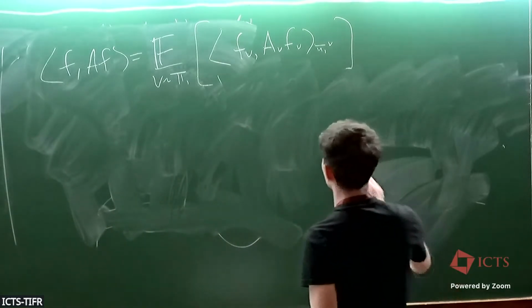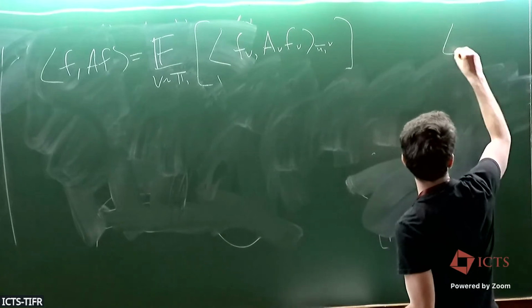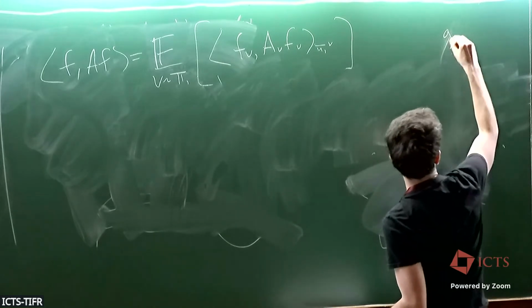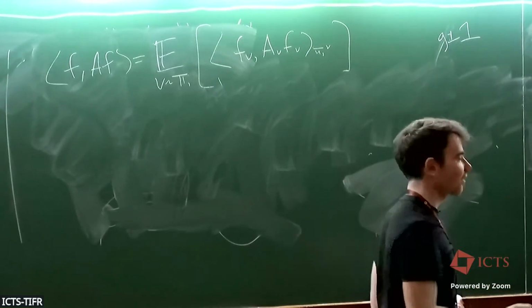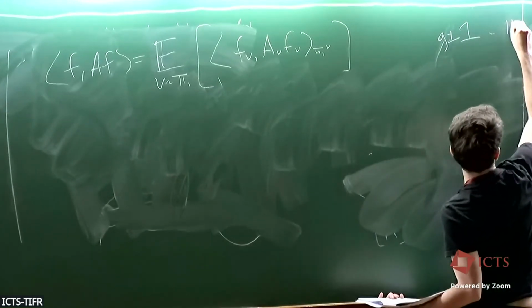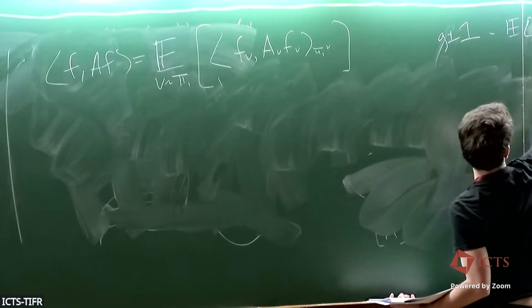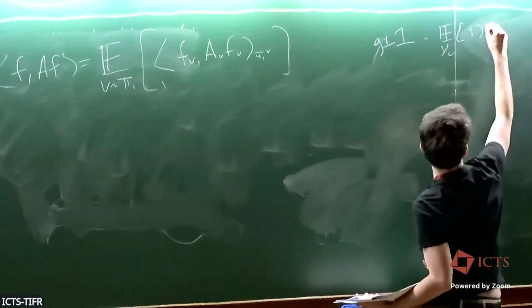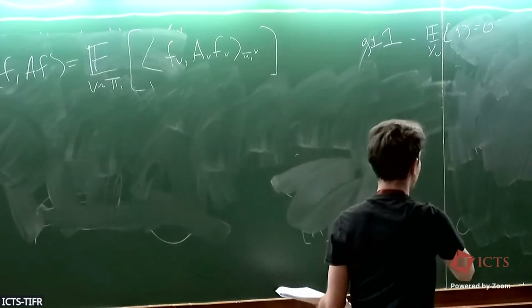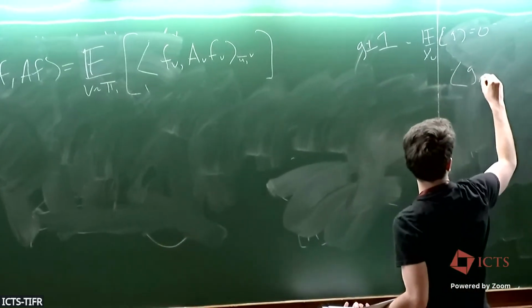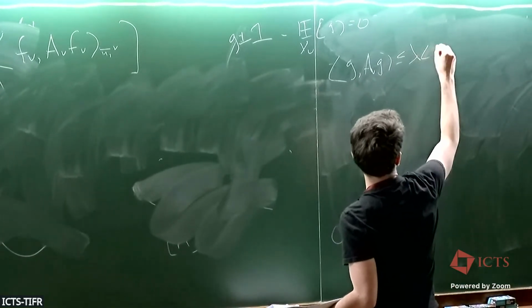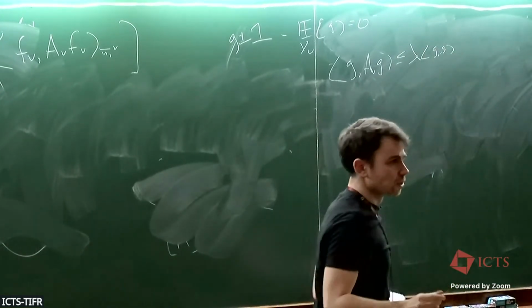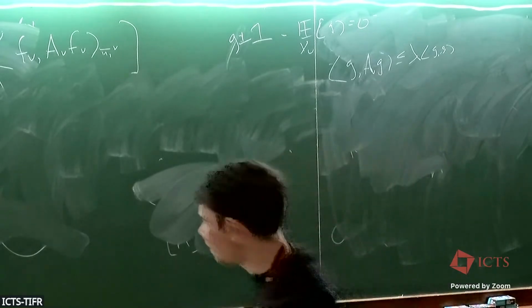Expansion says, on the link, that if I have some function g which is orthogonal to the all ones vector, which just means the expectation of g over the link is 0, then spectral expansion tells me that g, AV of g, is less than or equal to lambda times g, g.